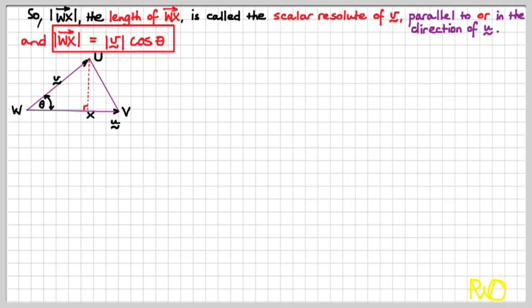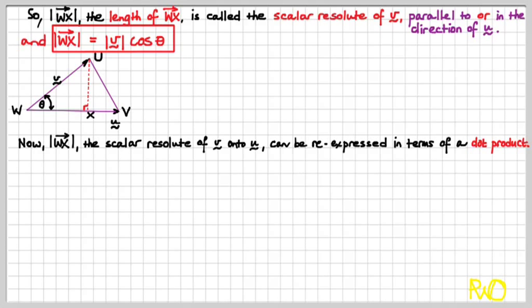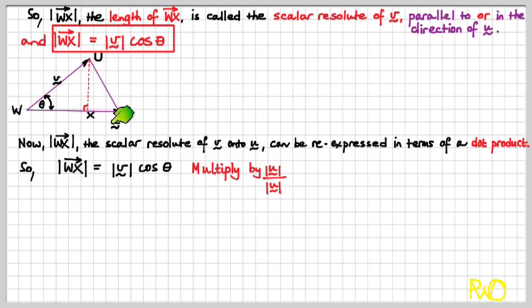Now, I'm going to progress this a bit further. The length of Wx, which is the scalar resolute of V onto U, can be re-expressed completely in terms of a dot product. So let's go with that. The length of Wx is equal to the length of V cos theta.